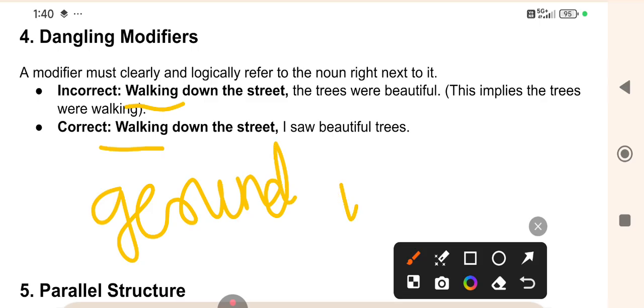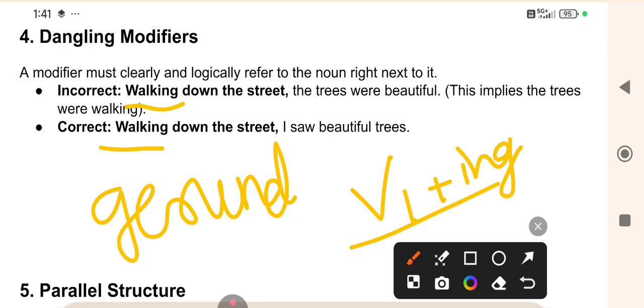Gerund means the first form of a verb plus ing. Reading is my habit. I like reading. These are called gerund. So such dangling modifiers mean this phrase modifies the sentence. Let me tell you how.